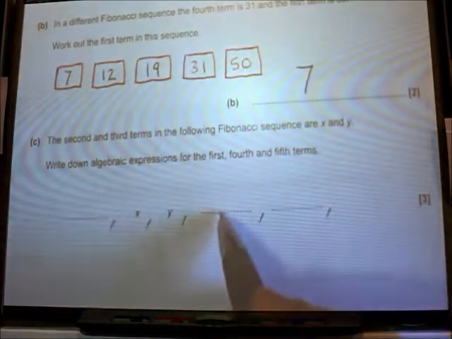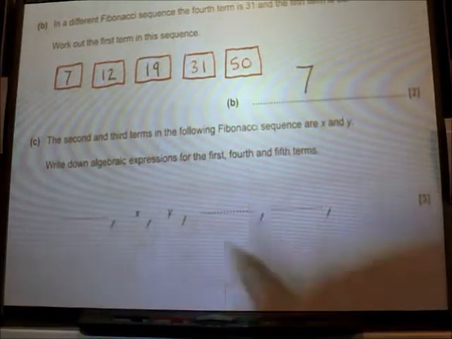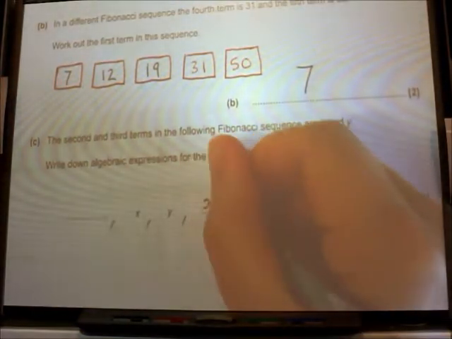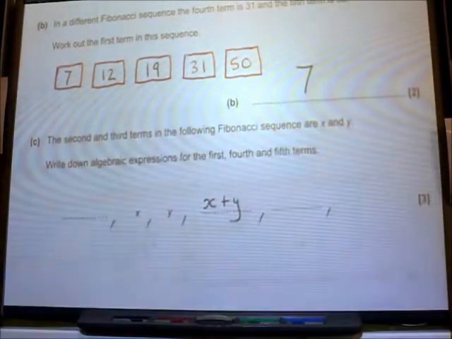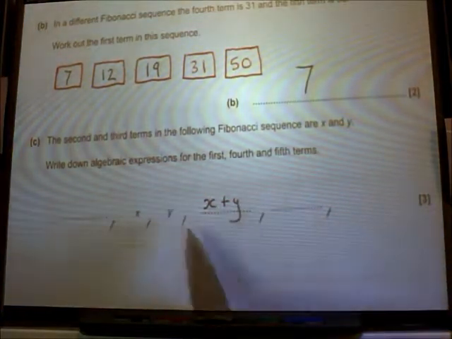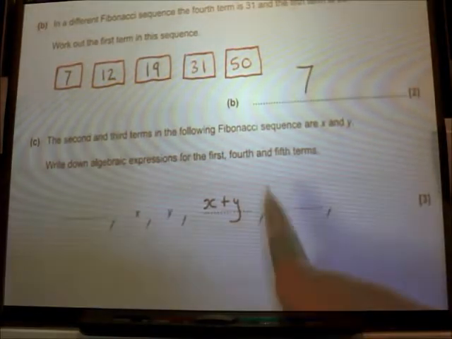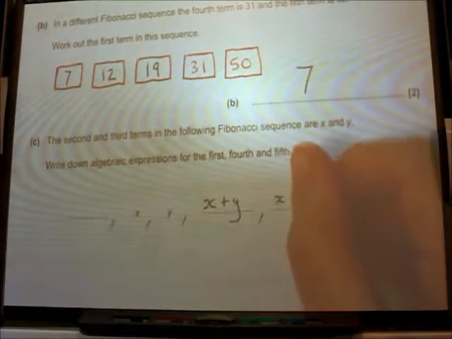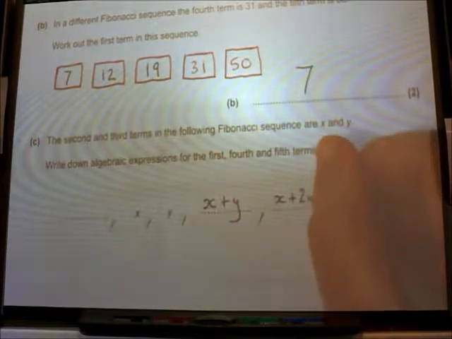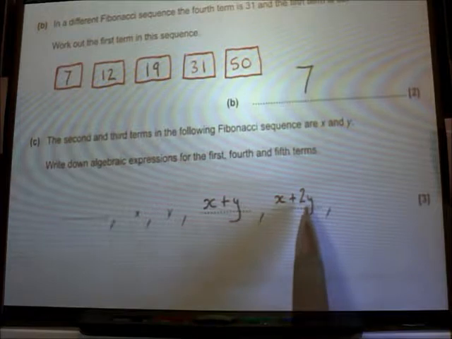This one here has got to be these 2 added up, so it's x add y, because you've added the 2 previous terms. And the next one has got to be y add x add y. So that will give you x, and 2y, because y add x add y is x and 2 lots of y.